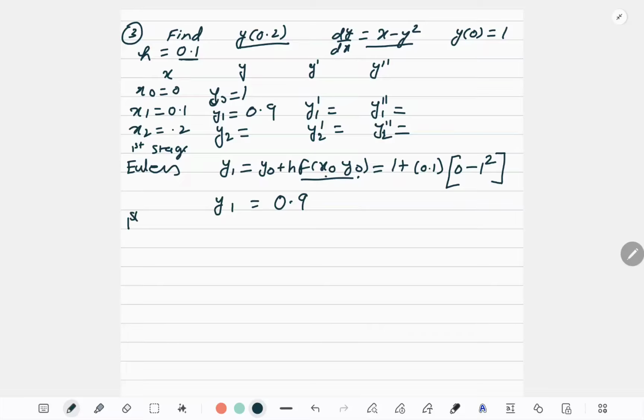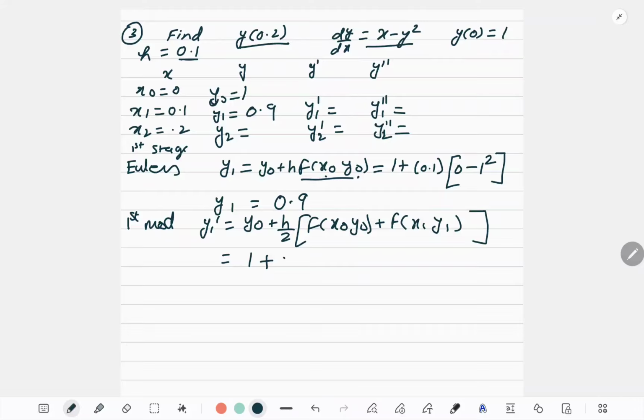Now when I will do the first modification, so y1 dash is equal to y0 plus h by 2 f of x0 y0 plus f of x1 y1. Correct? Put the value. So what is your y0 value? y0 is 1 plus 0.1 by 2. Then 0 minus 1 square plus x1. What is x1? 0.1.